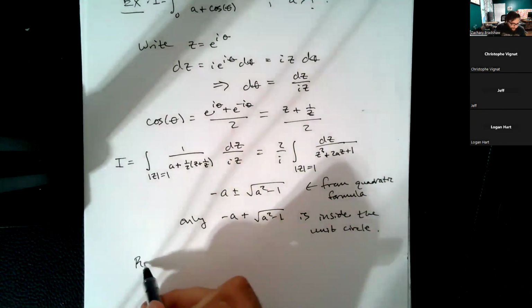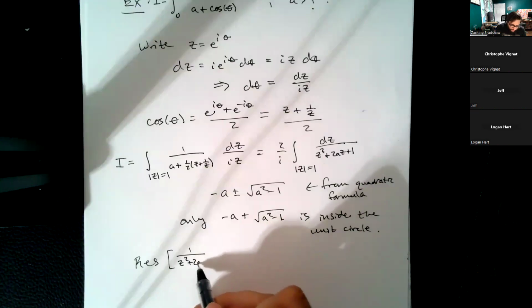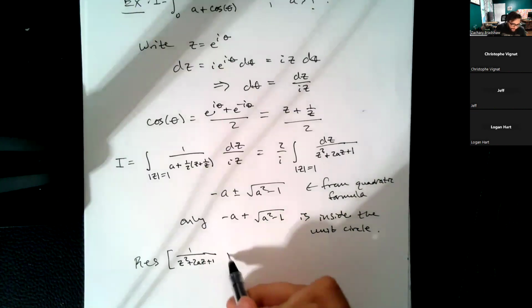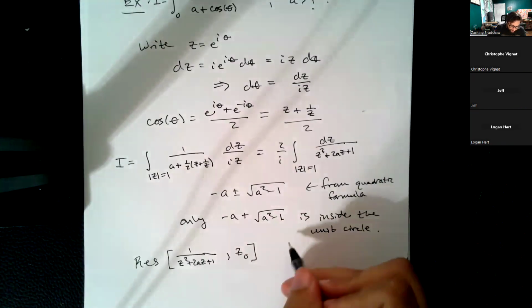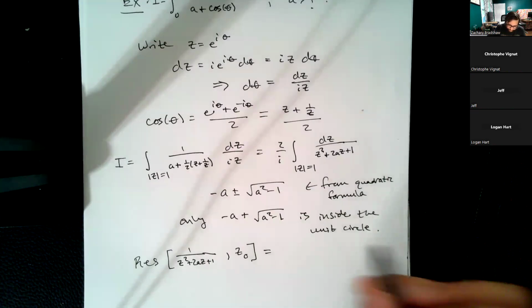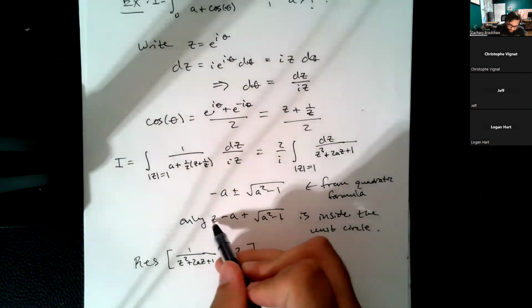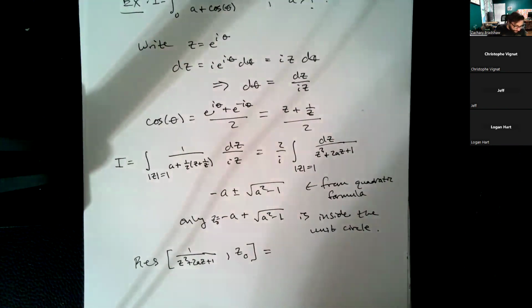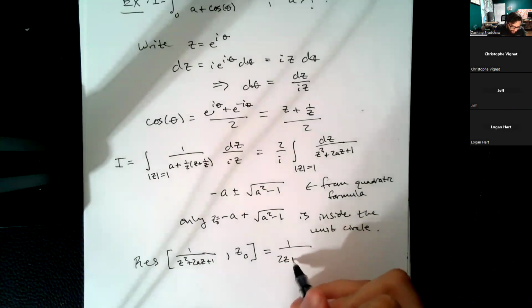So the residue of the function 1 over z squared plus 2az plus 1 at z0, z0 being this quantity here, I'll write that, is equal to 1 over 2z plus 2a.